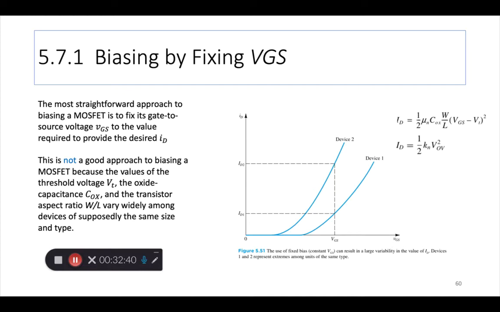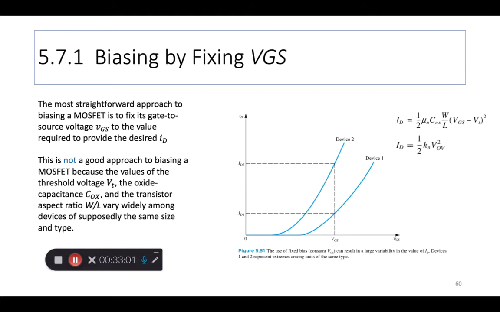Now another thing that makes it difficult to pick one Q point in our design and let it go is that such a Q point may work for one transistor that you picked from the store. But then you go back and get another transistor from the same store with the same exact serial number and part number.